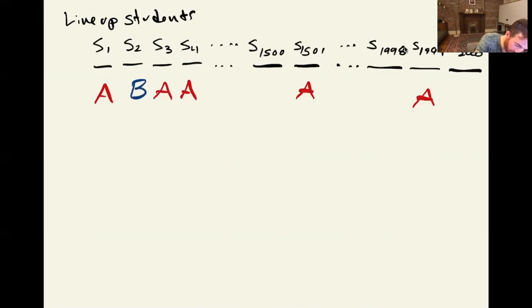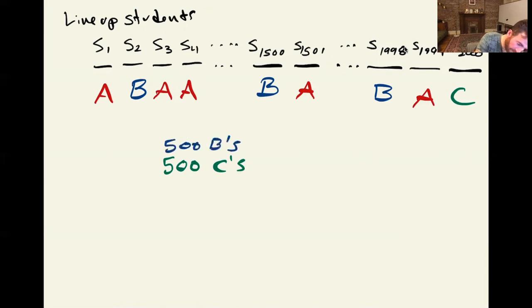Maybe I've got a B here, a B here, a B here. And let's say I've got also 500 C's. So I've got 500 C's, I've got 500 B's, and I've got 1,000 A's.